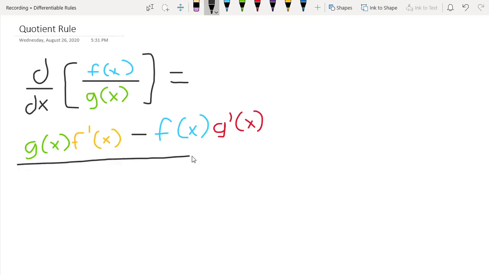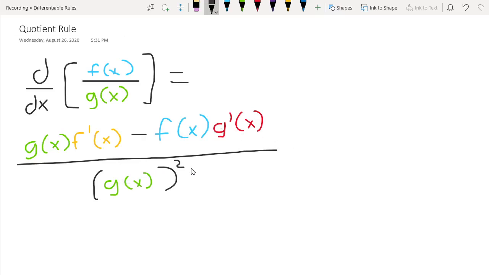And we divide all of this over g of x squared, or to the power of 2. So if we're asked to find the derivative of f of x over g of x, we would get g of x times f prime of x minus f of x times g prime of x, all divided over g of x squared.